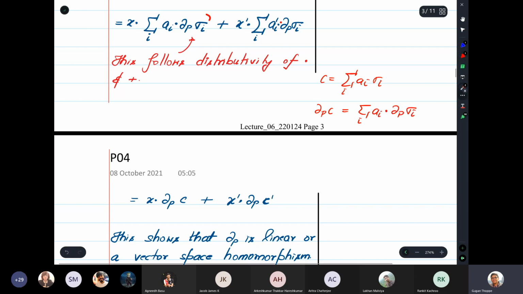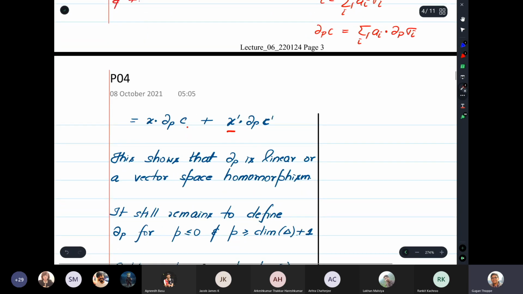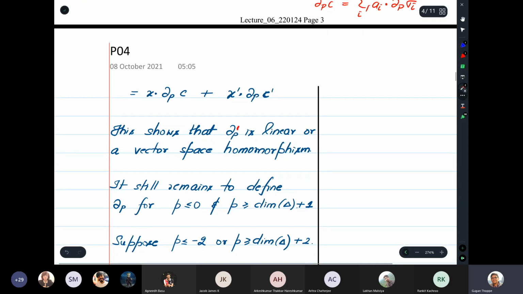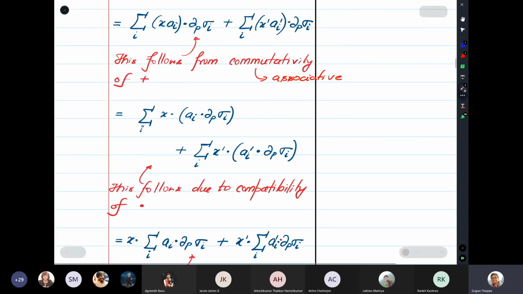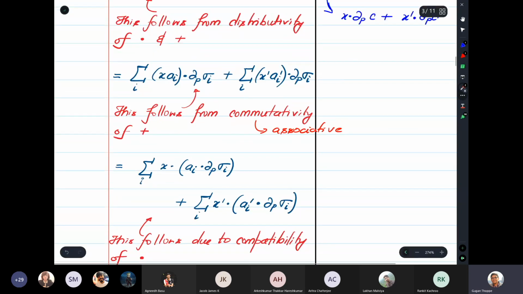So you can see that we indeed have this expression over here. This is delta p of c. Similarly, we have this expression over here. This is delta p of c prime, and you can indeed see that this is the way we desire it. So from this one can verify that delta p is linear, or alternatively delta p is a vector space homomorphism. So I verified this in a speedy fashion.